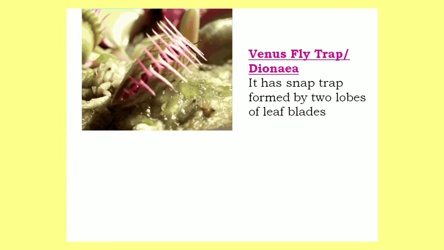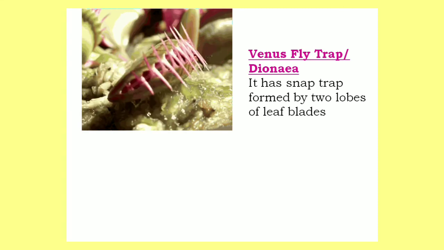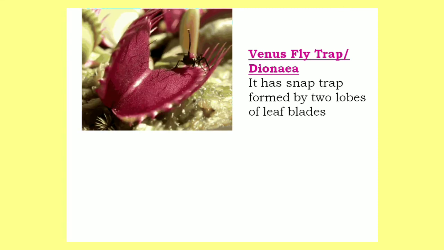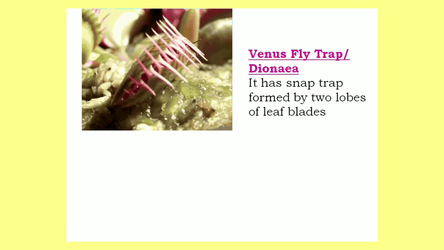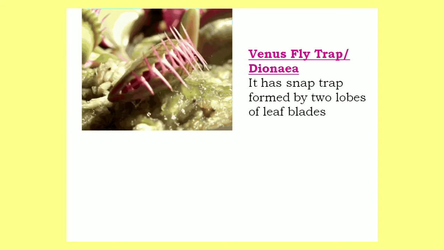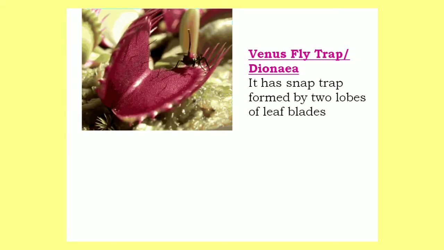As and when an insect lands on these sensitive hairs, the two halves of the lid come together. Thread-like, finger-like outgrowths along the margin of the two halves of the leaf come together, intercrossing each other so that the captured insect does not escape. It is then killed, digested, and the nutrition obtained from it is absorbed by the leaf.